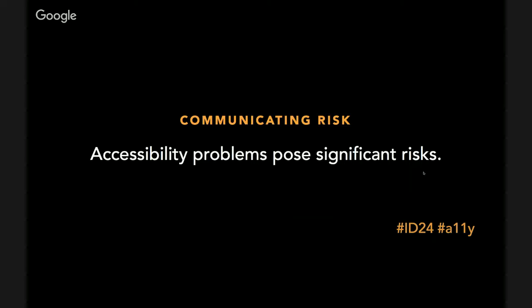So making sure that those executive stakeholders are also on board with accessibility is a role that PMs can play.